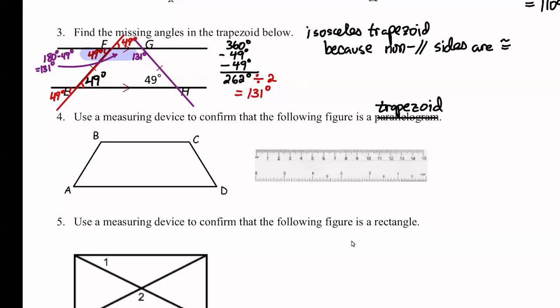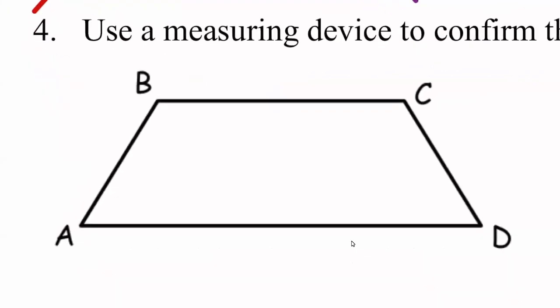So we want, through measurement, we want to confirm that it's a trapezoid, but the length of the sides doesn't really factor into whether it's a trapezoid. It's whether the two sides are parallel to one another. So you have to ask yourself, well, how can I demonstrate that two sides are parallel to one another? One way to do it is to measure the distance between those two sides that are supposedly parallel to one another.